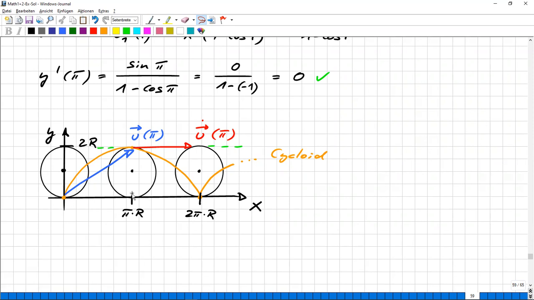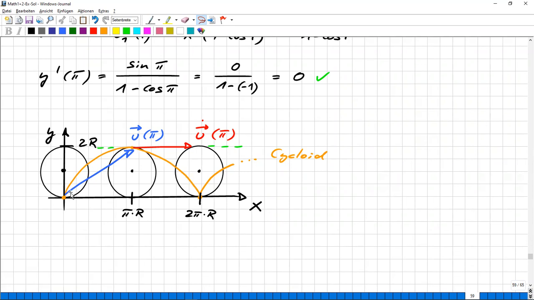So the x-coordinate must be pi times r at this position. Is that clear? Because after a full turn, the circle arrives here, and it must have traversed a distance of 2 pi times r, because this is its full circumference. That's quite clear, and the up and down movement is clear too.